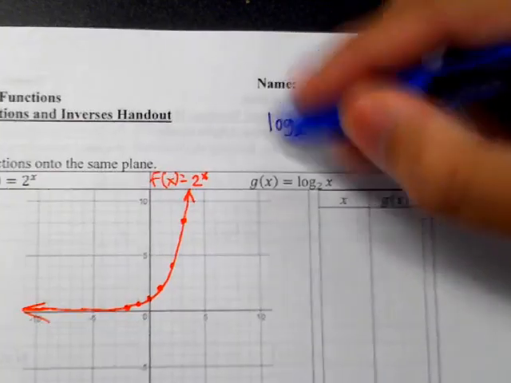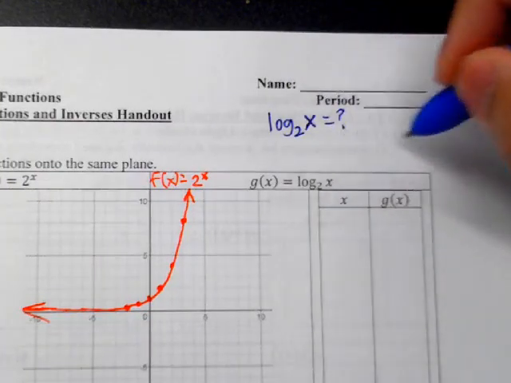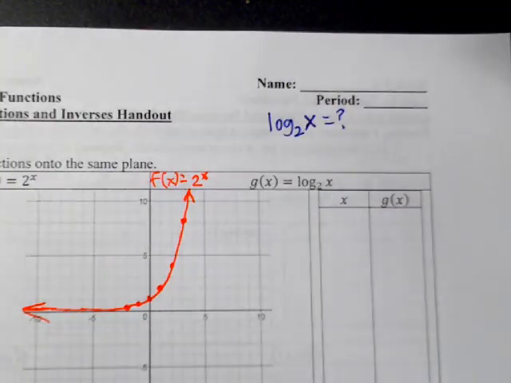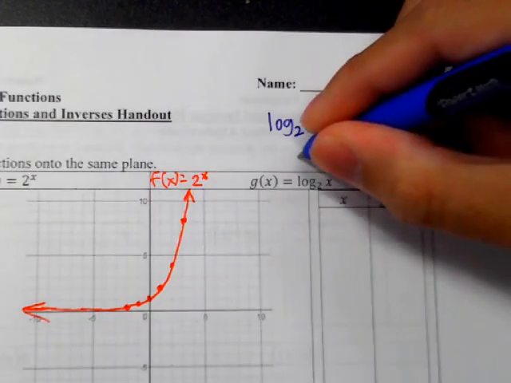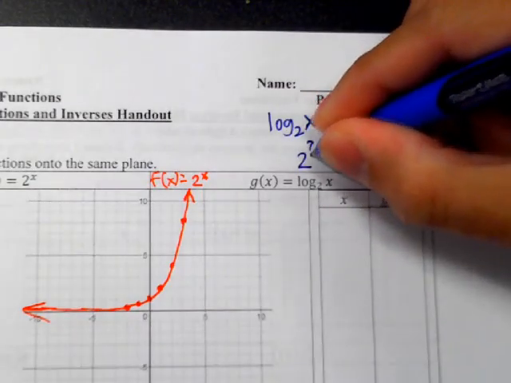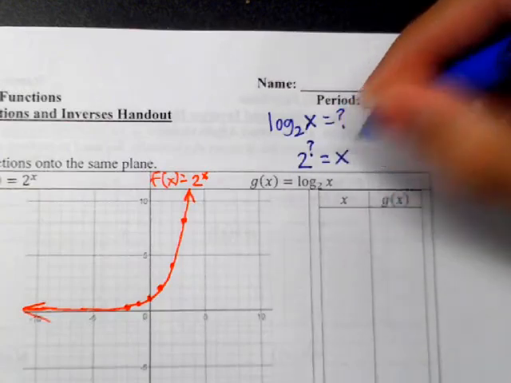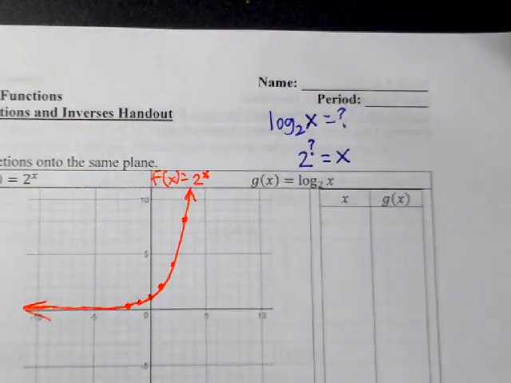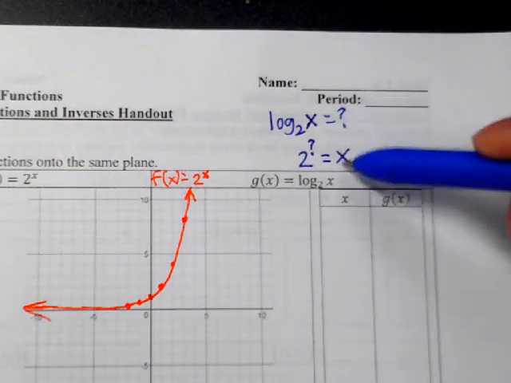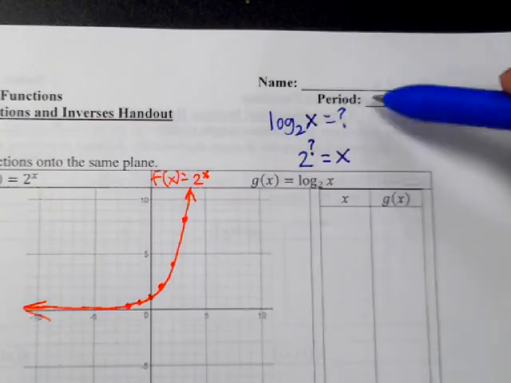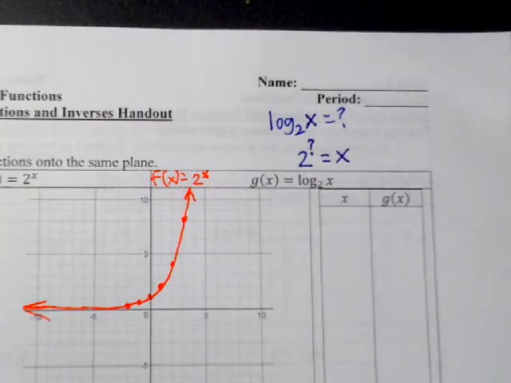So the equivalent equation to log base 2 of x equals some question mark is: 2 to what exponent would turn into the argument x? These two statements mean the exact same thing, so you want to be familiar with converting back and forth between them.